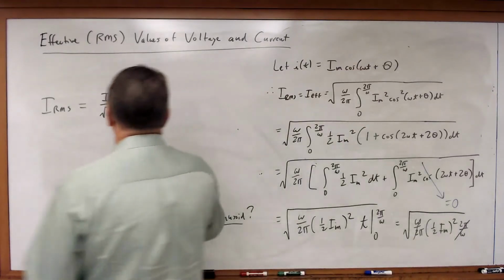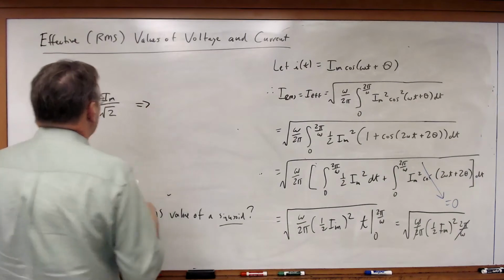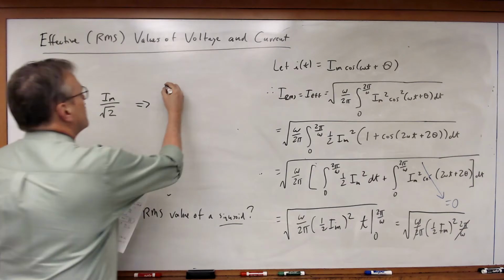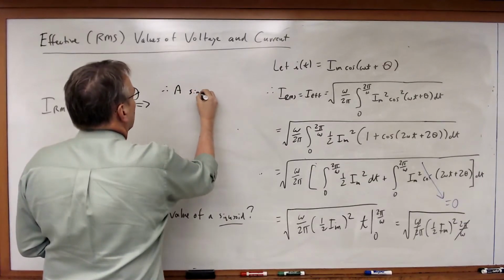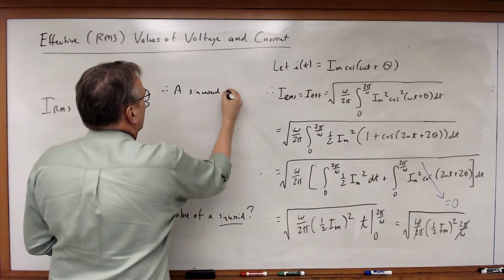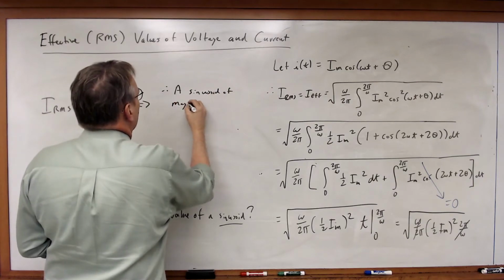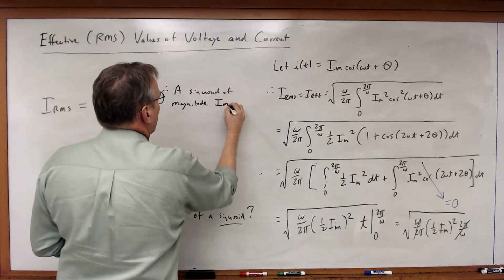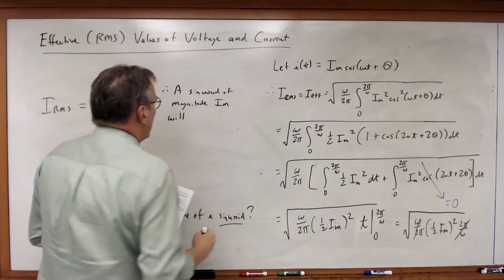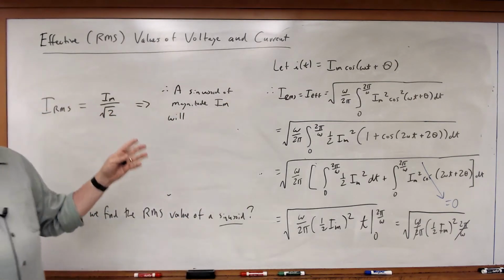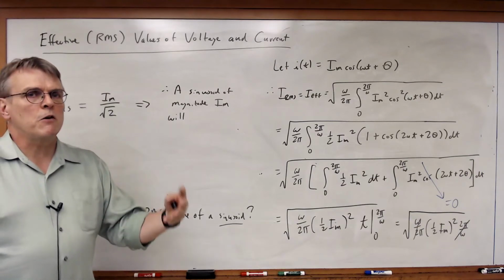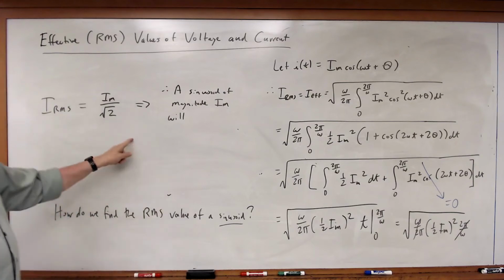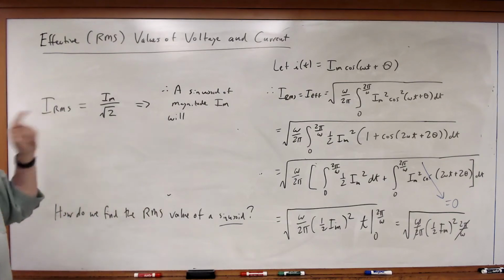In other words, what we're saying is this. A sinusoid of magnitude Im will, in effect, cause the load resistor to have the same average power as a DC source of this value.